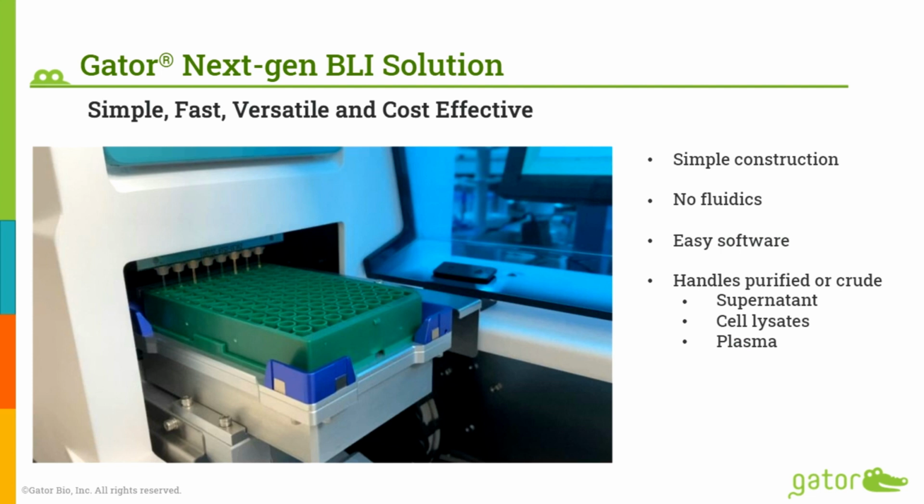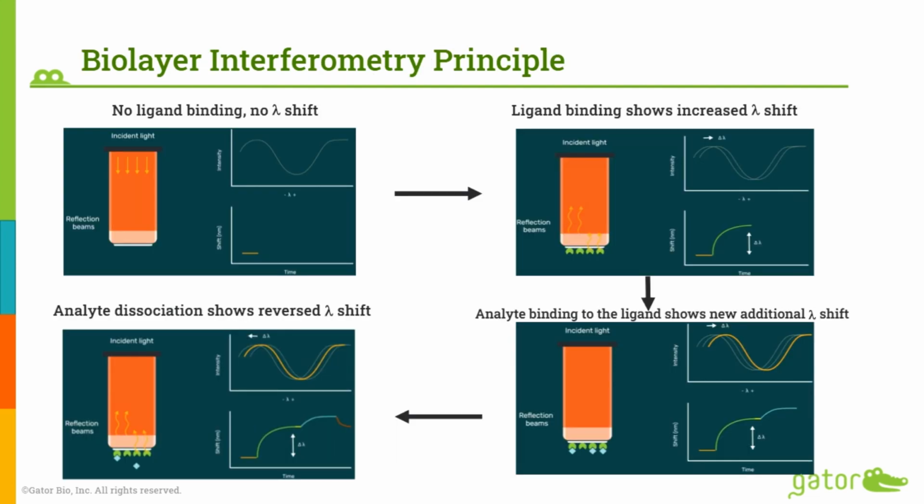Now, I have the next slide, which is a simple one to show what the biophysics principle behind biolayer interferometry is. How does it read, right? If you think that this is the biosensor, it is all about the white light that is incident from the top.